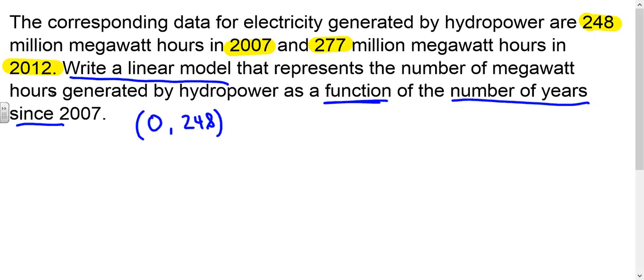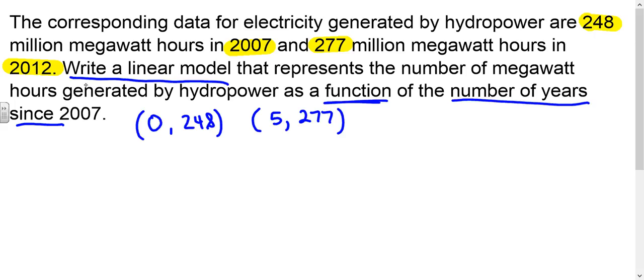Then I had 277 million in 2012. How many years since 2007 was the year 2012? Let me go 7, 8, 9, 10, 11, 12. That would be 5. So we have 5 years since 2007, and then we had 277 million. So here we have our 2 points again.